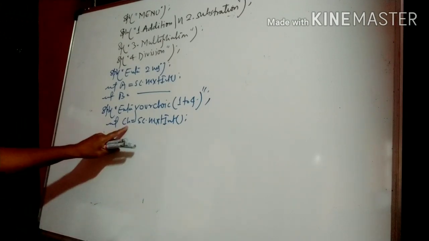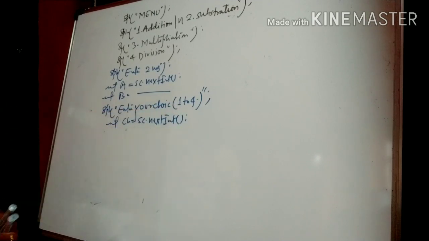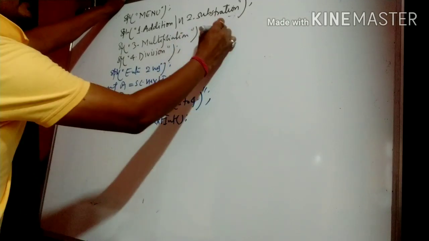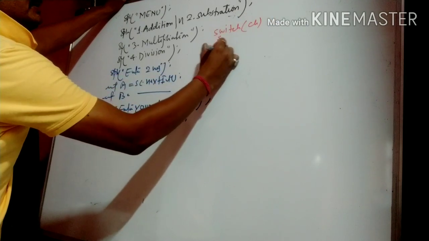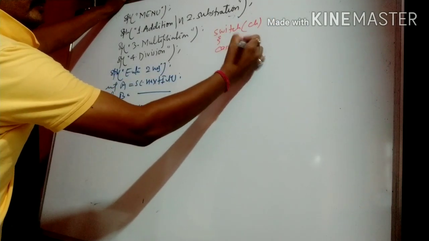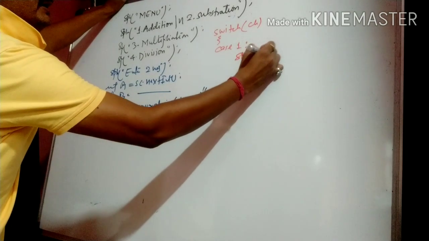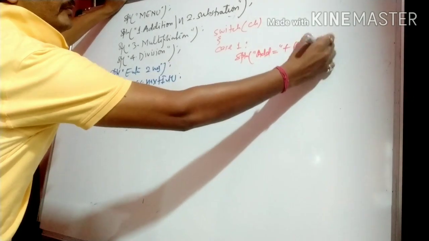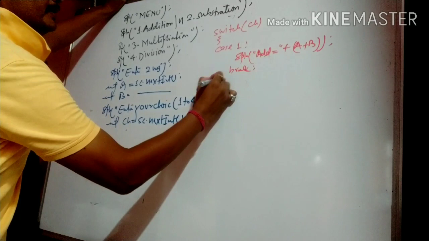This is the number, whether you want addition, subtraction, multiplication or division. Then you put the switch case here, switch ch. This is case 1. Here you put System.out.println, addition is equal to a plus b, and break.